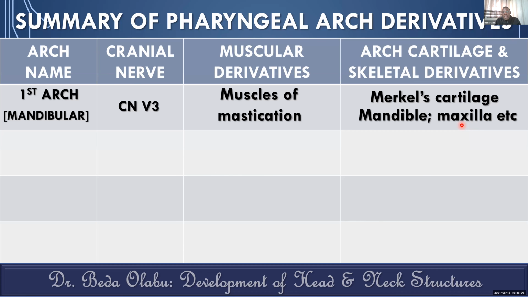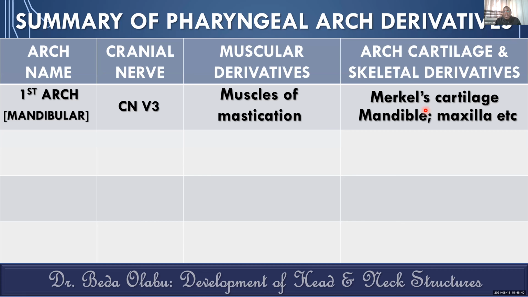And within the ear, we have the malleus and the incus also developing from the mesenchyme of the first pharyngeal arch. There are also some ligaments which develop from the mesenchyme of the first pharyngeal arch, but I'll not go into the ligaments. All right, so that is the story of the first pharyngeal arch.